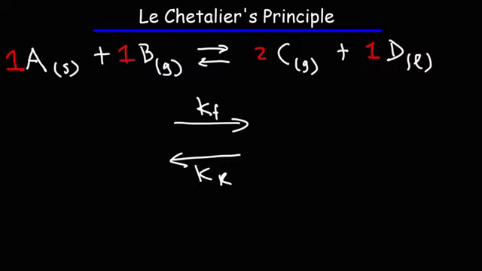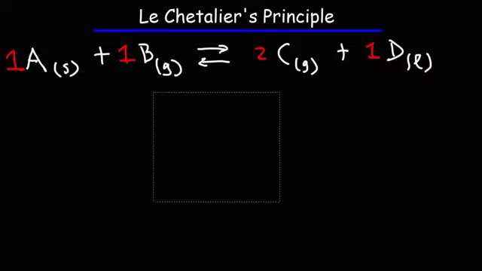Because these two reactions are occurring at the same rate, there's not going to be any net change in the amount of product and reactants. So the concentration of the products and reactants remain constant at equilibrium because the rate of the forward reaction equals the rate of the reverse reaction. So that's the situation that we have at equilibrium.